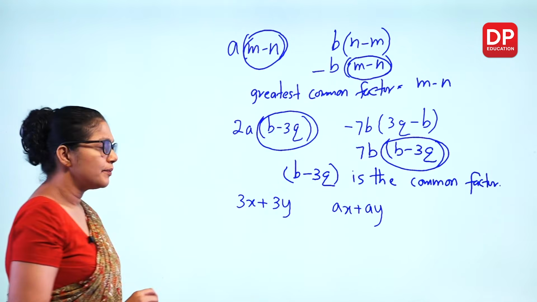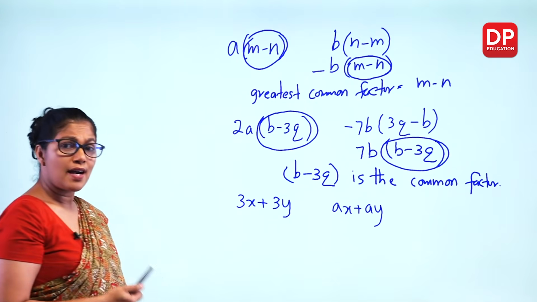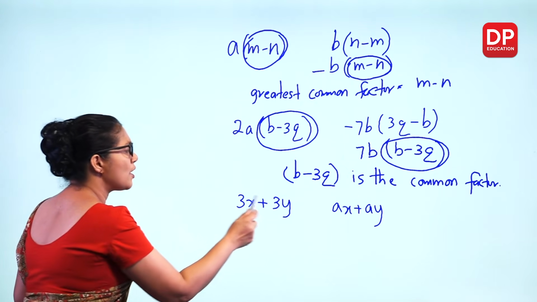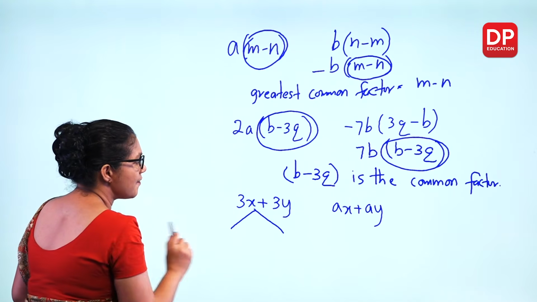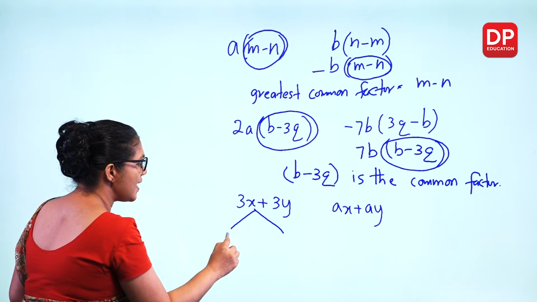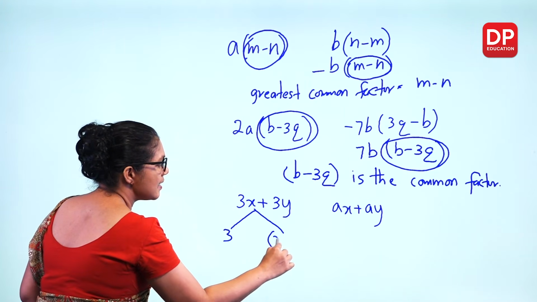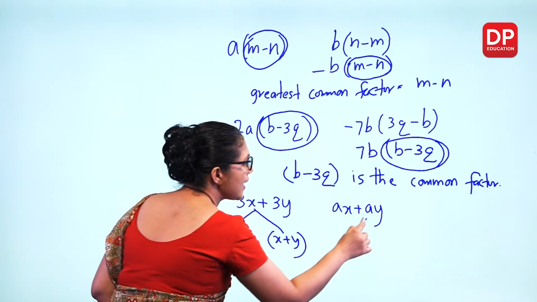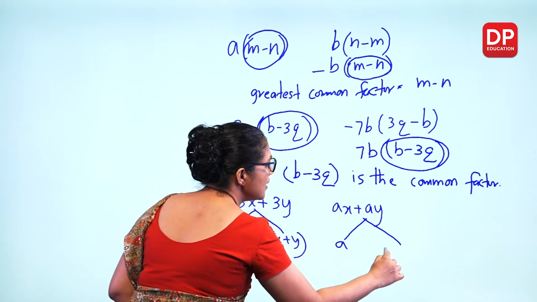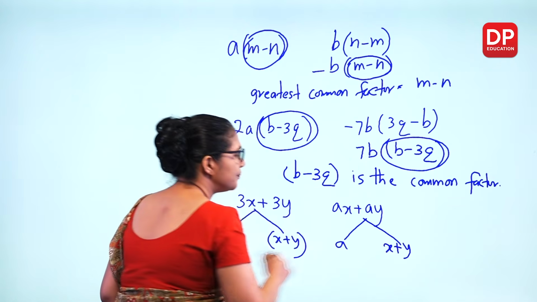Now look at this one. Here we can't see factors. So what we can do, we can write down here. I can write down 3x plus 3y as 3 times x plus y. What about this one? I can write a with x plus y.